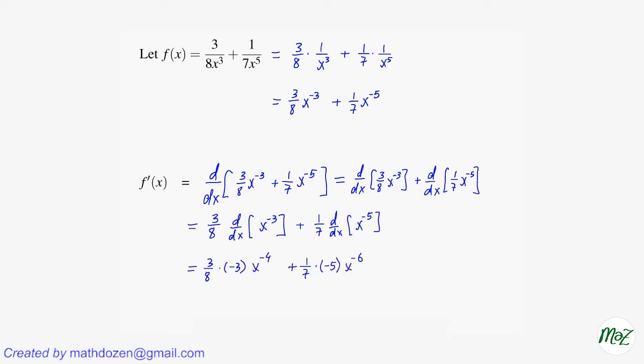By the power rule, this works out to be 3/8 times negative 3 times x to the negative 4th power plus 1/7 times negative 5 times x to the negative 6th power. After simplification, we arrive at negative 9/8 x to the negative 4th power minus 5/7 times x to the negative 6th power.